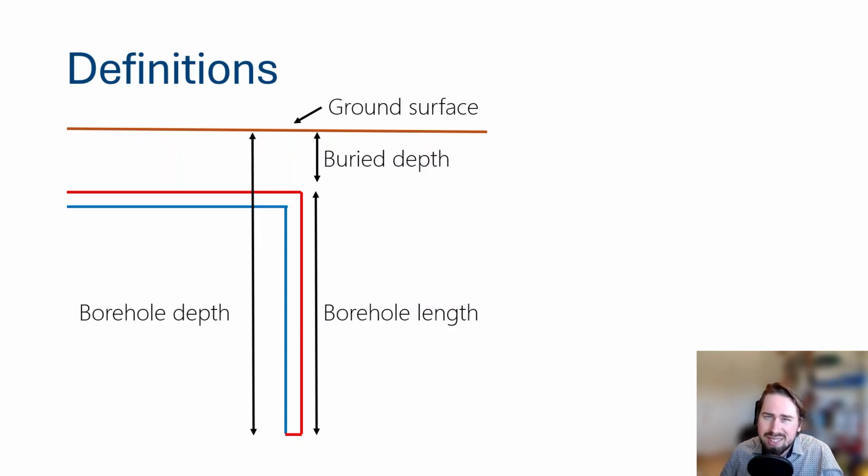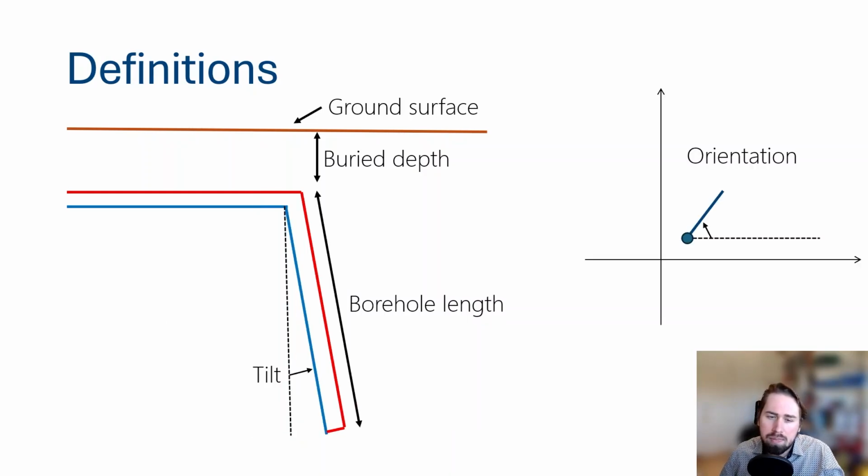Now if you go for a tilted borehole design, then we have two other parameters. So if we tilt our borehole away from the vertical line, that's called the tilt angle. And as you can see, the borehole length is still defined alongside the borehole itself.